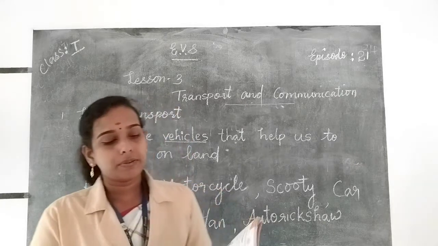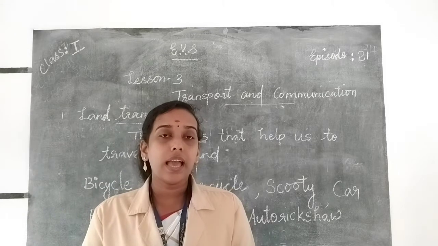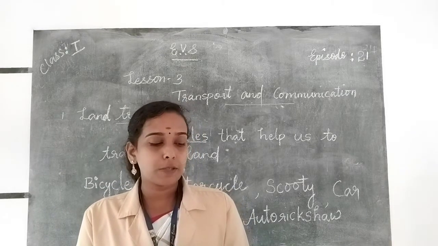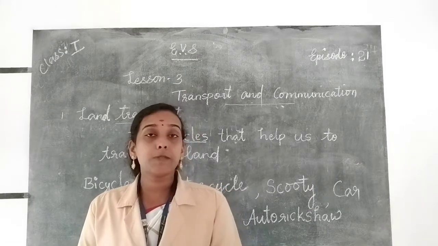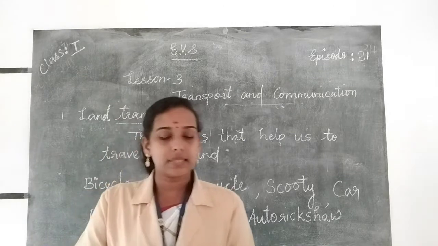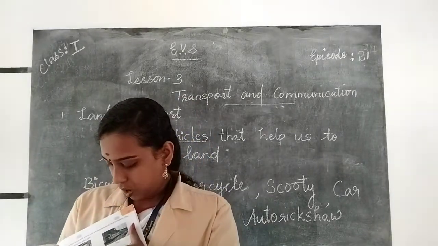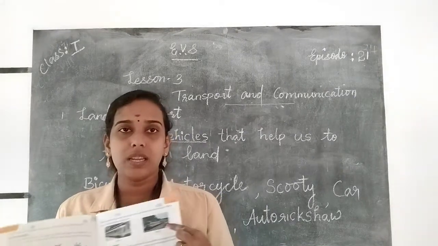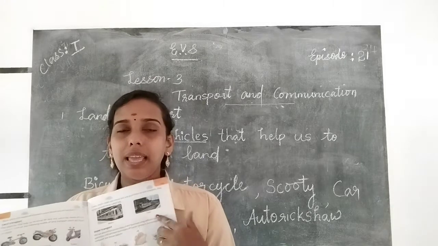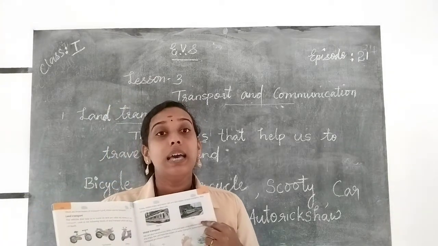Okay, and here trains, metro trains and monorails are also means of land transport. They run on special tracks called rails, R-A-I-L-S, rails. Here, this picture shows metro, then here train. So these are also land transport and they run on special tracks, and the special tracks are called rails.